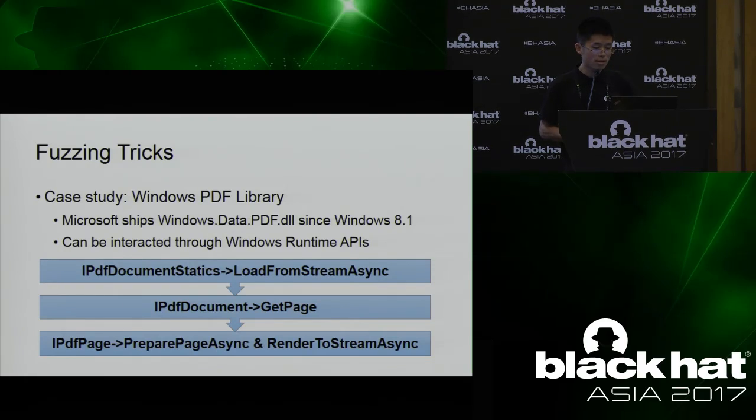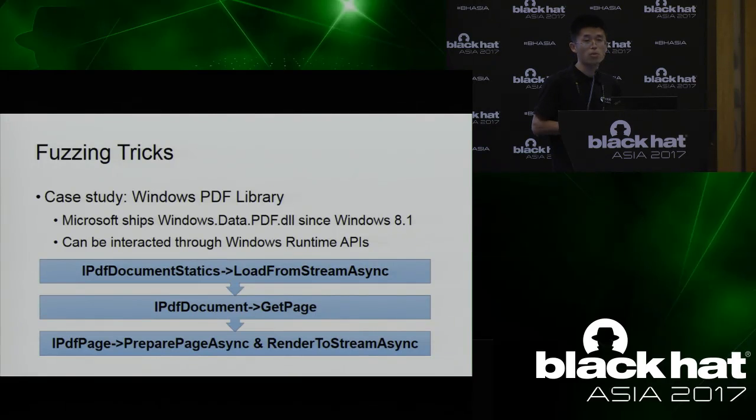So let's take Windows PDF Library as an example. Windows.data.pdf.dll is a core module of this library. Microsoft has shipped it since Windows 8.1, and the library can be interacted with through Windows Runtime APIs.